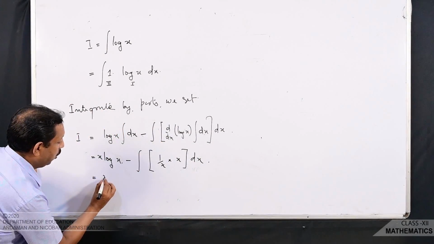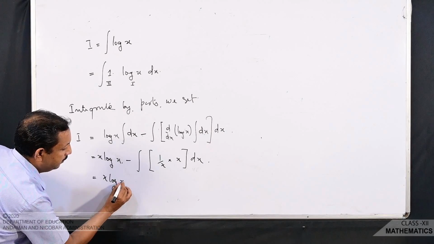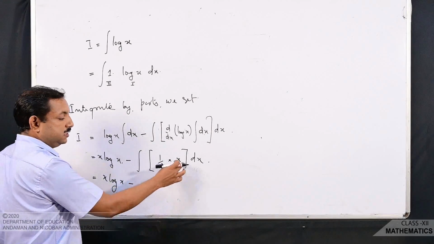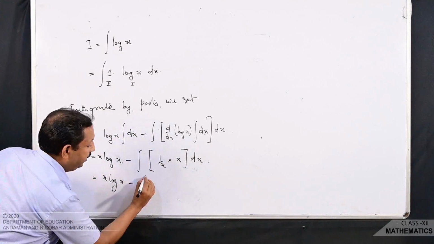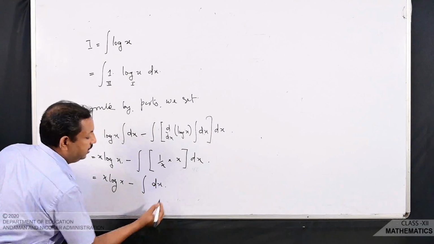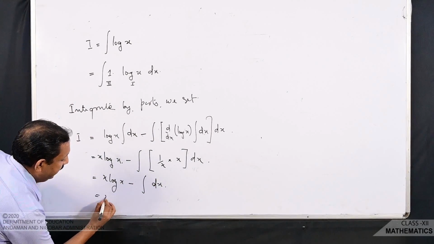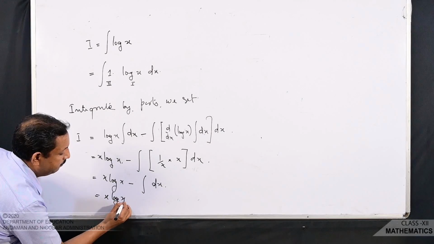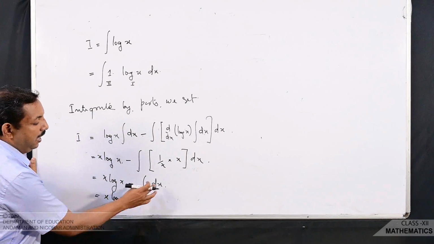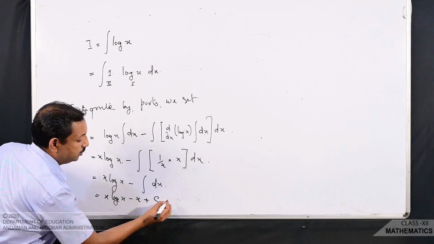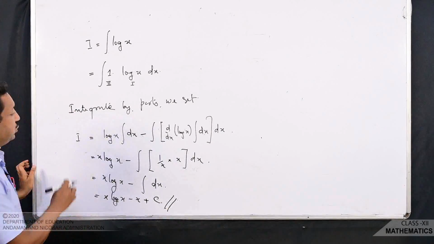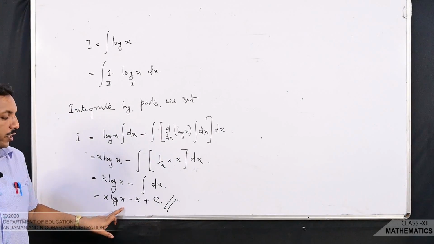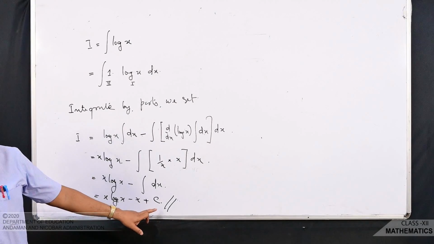So x log x minus this x will cancel, so you will have the integration of dx only. Now, x log x minus x, and this is plus c. So that is your final result: the integration of log x is equal to x log x minus x plus c.